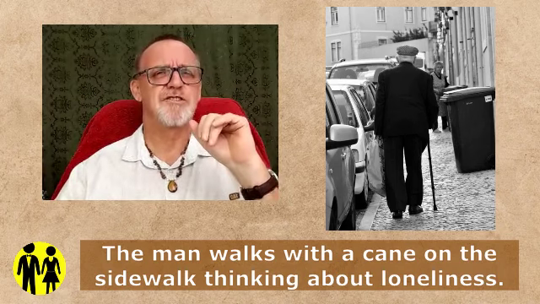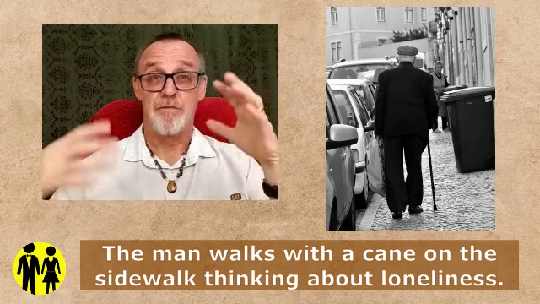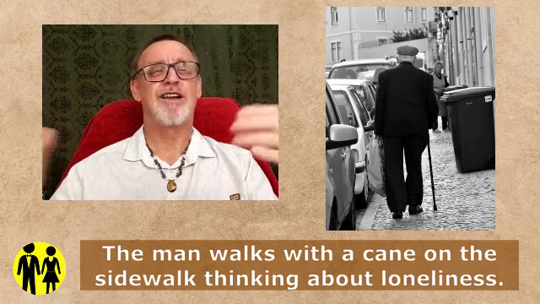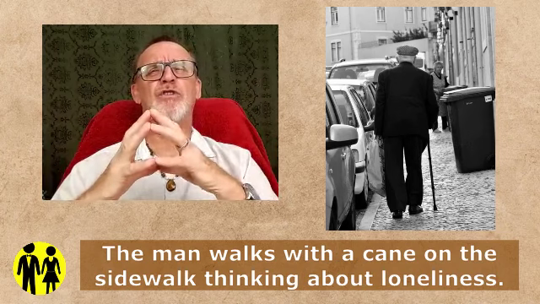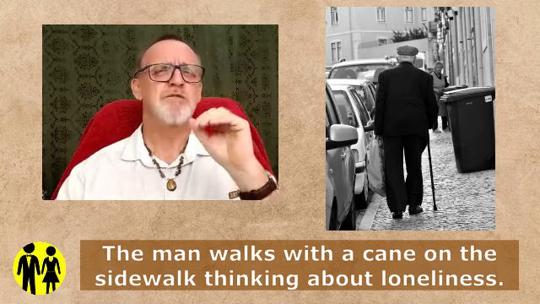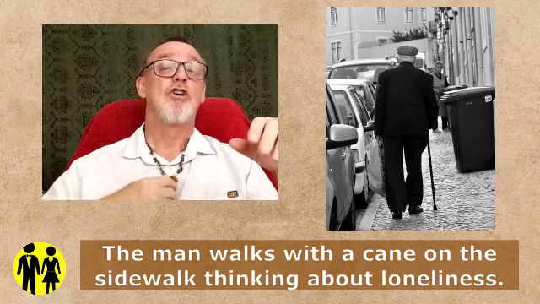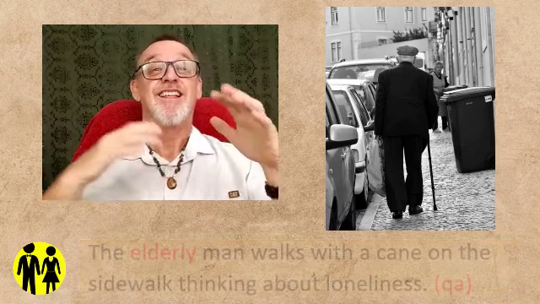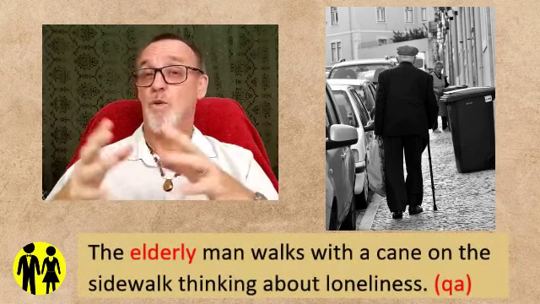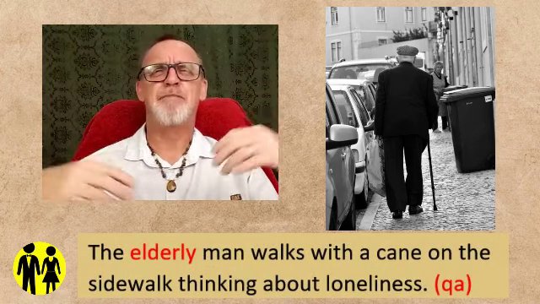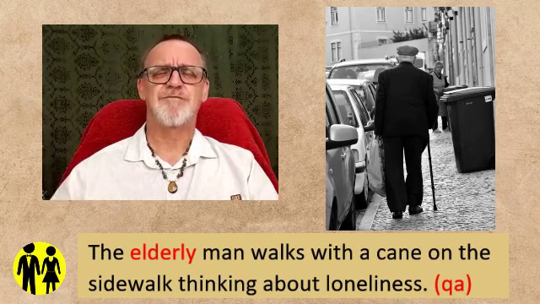Back to the original sentence. The man walks with a cane on the sidewalk, thinking about loneliness. This is how you would mark a quality adjective. The elderly man walks with a cane on the sidewalk, thinking about loneliness.